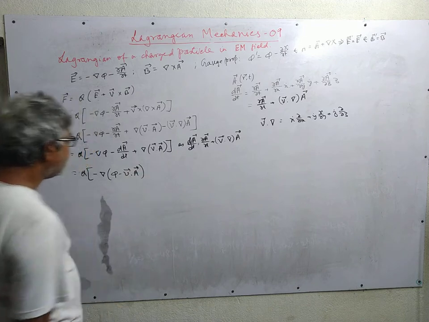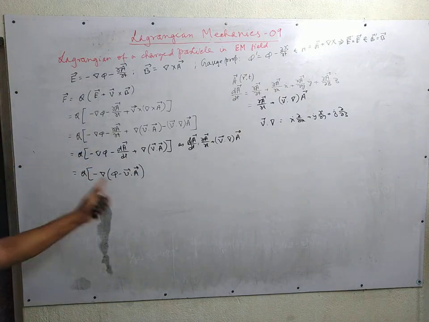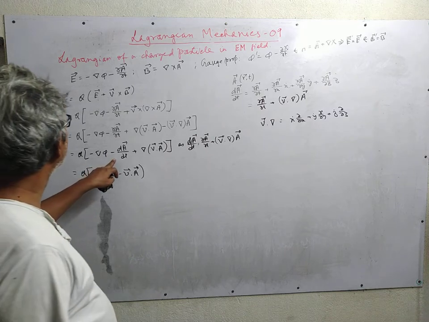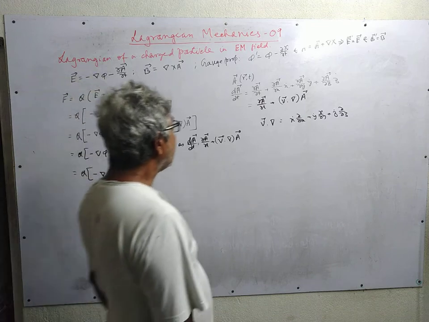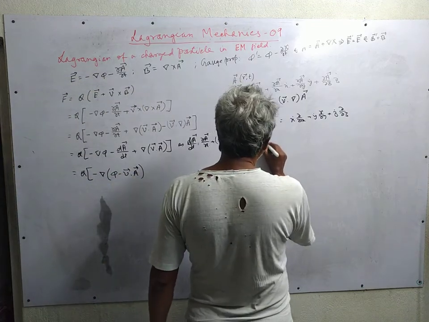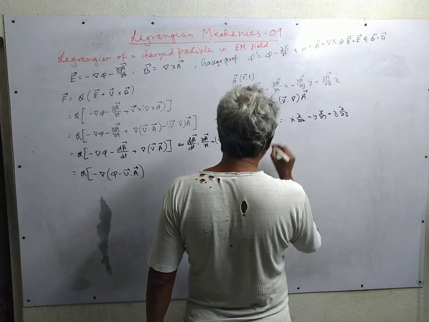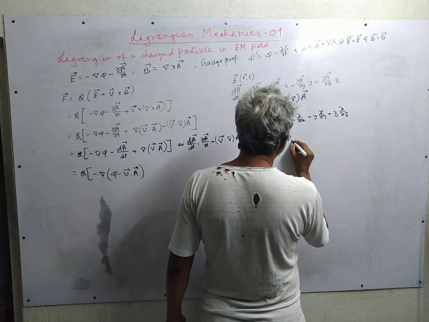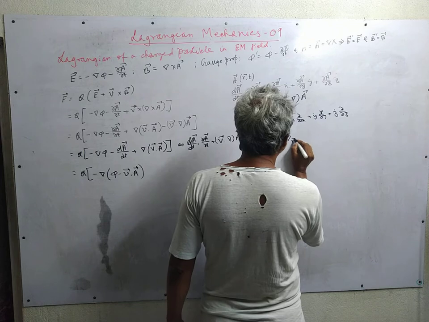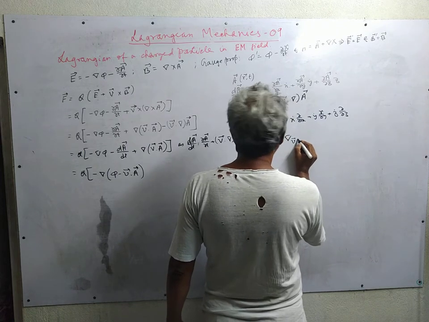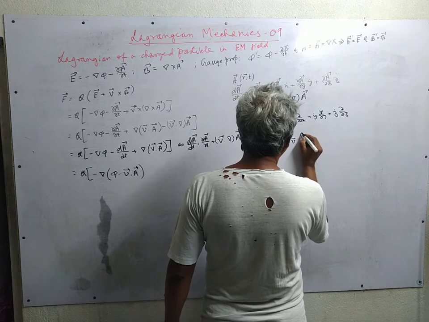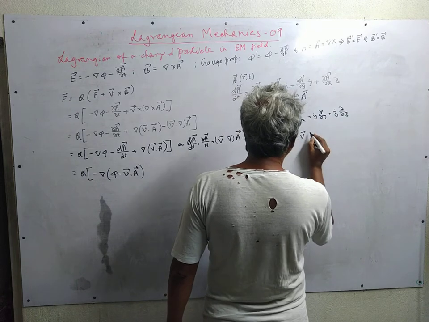So we have changed the potential in such a way, and there is this term left. Now the vector A can be written as a gradient operator with respect to velocity, times v operating on A.